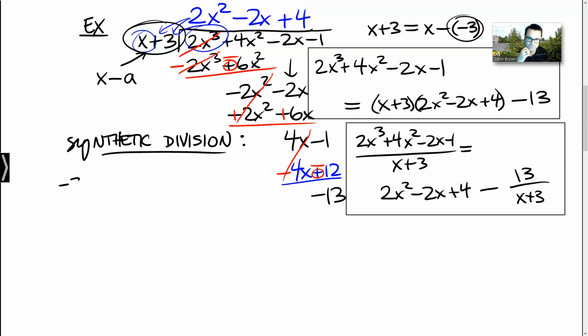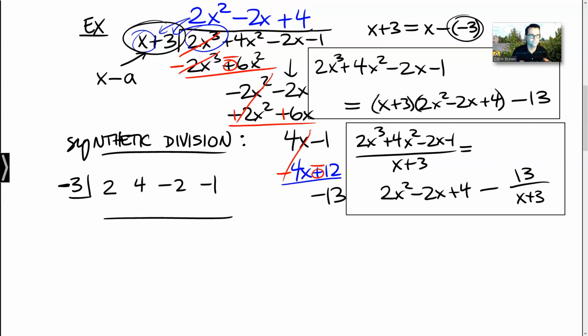So I'm going to put negative 3 out on what I call timeout. It's sitting over here, it goes on timeout in the corner. Badly behaved a. And then I'm going to write the coefficients of the polynomial I'm dividing into, the dividend. So 2, 4, negative 2, negative 1.